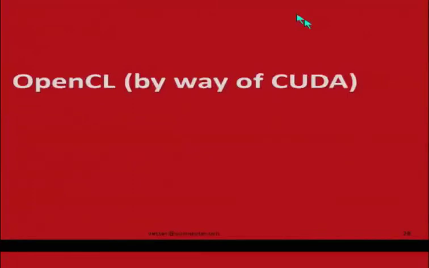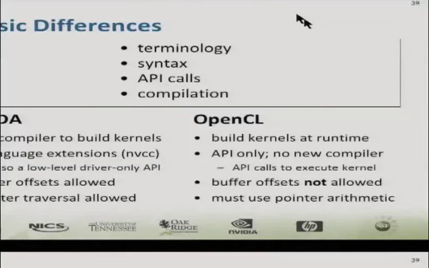OpenCL looks an awful lot like CUDA. It's not quite as clever in the language constructs, but when you think about the concepts, I think you'll see them as very similar. Really, the basic differences are in the terminology, the syntax, the API calls, and the compilation. What I mean by that is, in CUDA, your compiler builds the kernels when you compile.